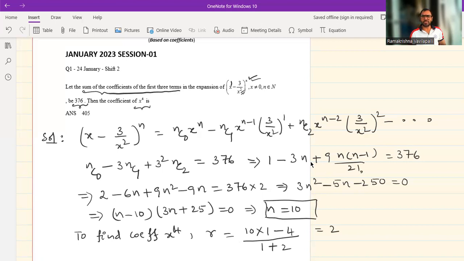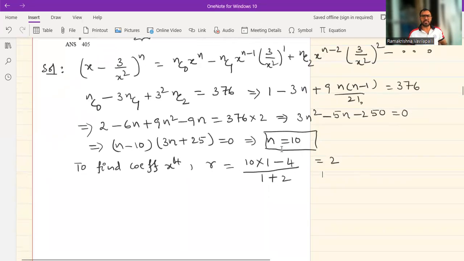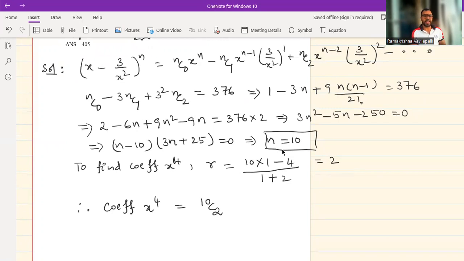r equal to 2 means 0, 1, 2. That is the third term. So therefore, the coefficient of x^4 equal to 10C2, here the x coefficient is 1, so 1^8 into (-3)^2.